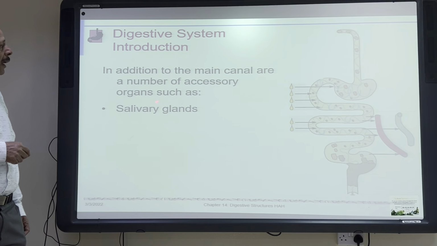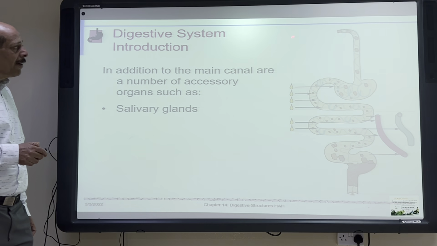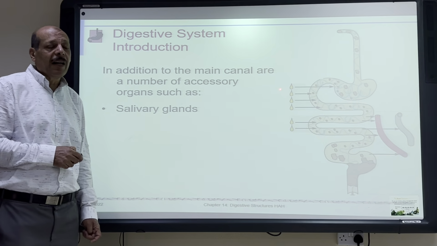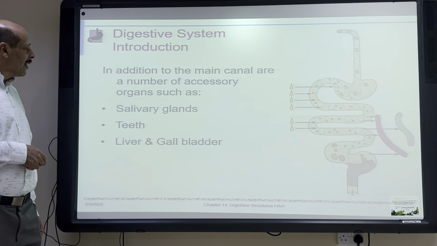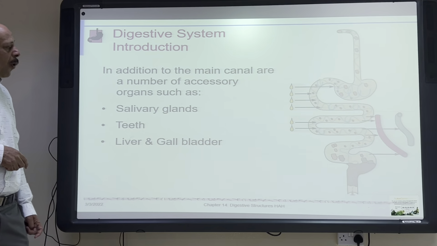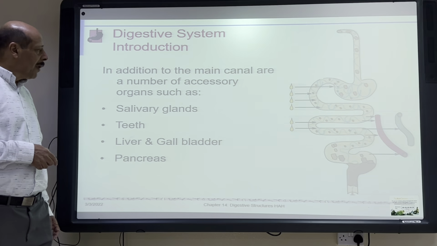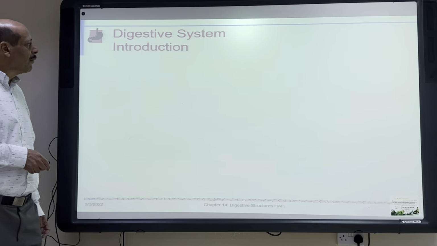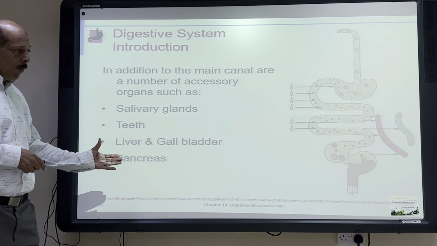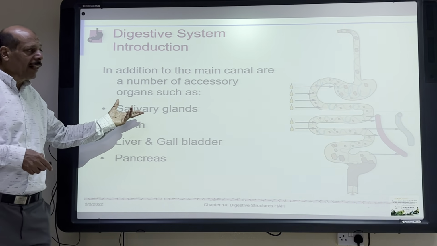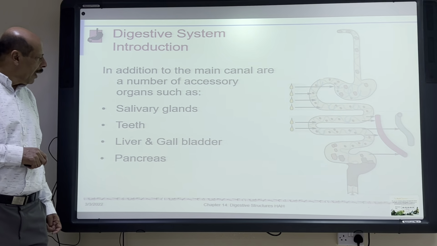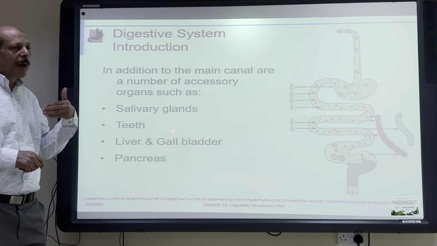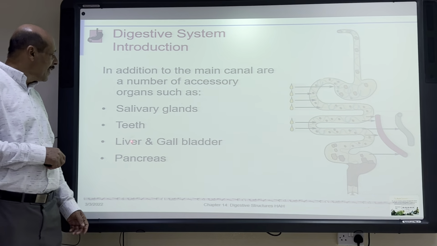From the accessory glands, we have the salivary gland, which is present in our mouth, and also the teeth, liver, gallbladder, and pancreas. The teeth are there to cut the food into small pieces.